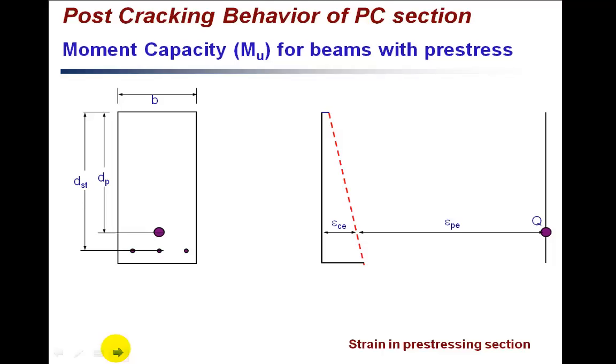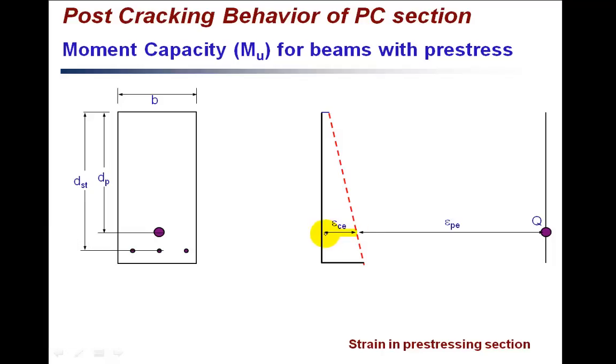Now, to calculate the ultimate moment capacity for beams with prestressing, we'll need to know the stress conditions at different levels. Just after the prestressing, when there is no external moment, after the prestressing force has been applied, the concrete will have some compression strain.